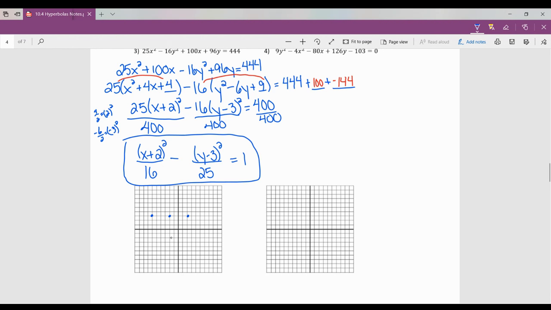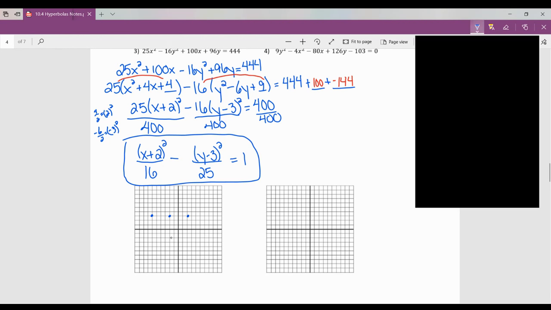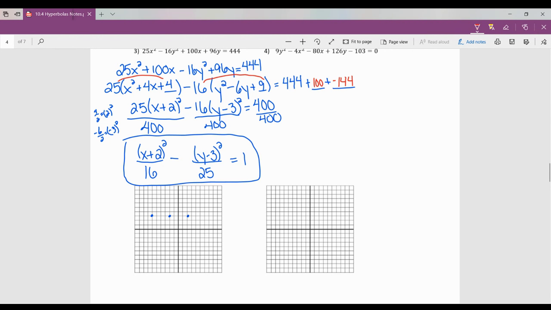And then my asymptotes would be going up and down 5 over 4. So 1, 2, 3, 4, 5 over 1, 2, 3, 4, and down 1, 2, 3, 4, 5 over 1, 2, 3, 4.